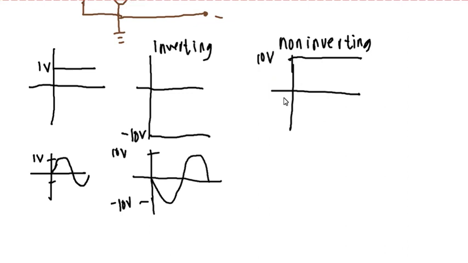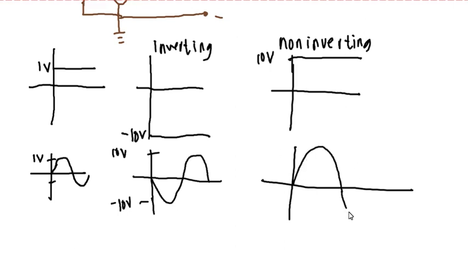So nothing changed, it stays positive, but the values are just amplified. For your sinusoid, we keep the same orientation but the output is just amplified. So we will have 10 volts and negative 10 volts. That is the difference between inverting and non-inverting op-amps.